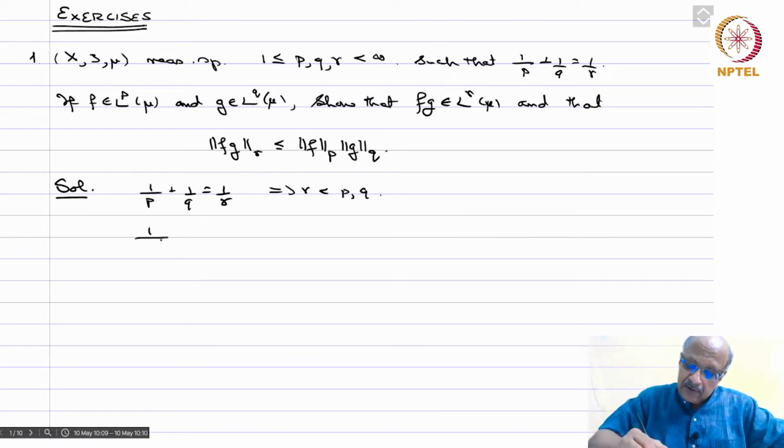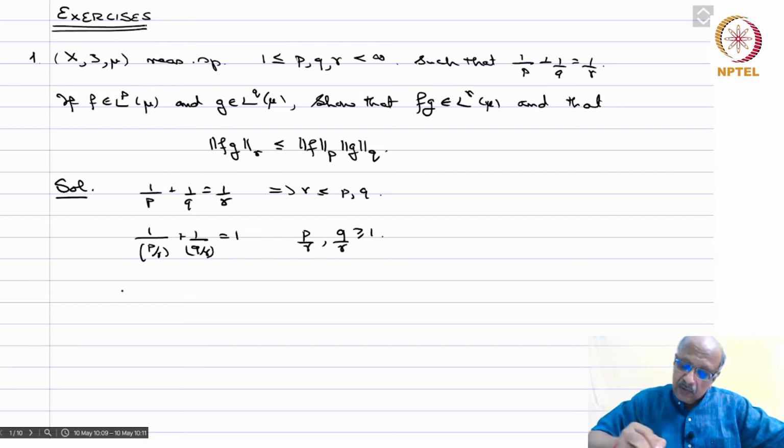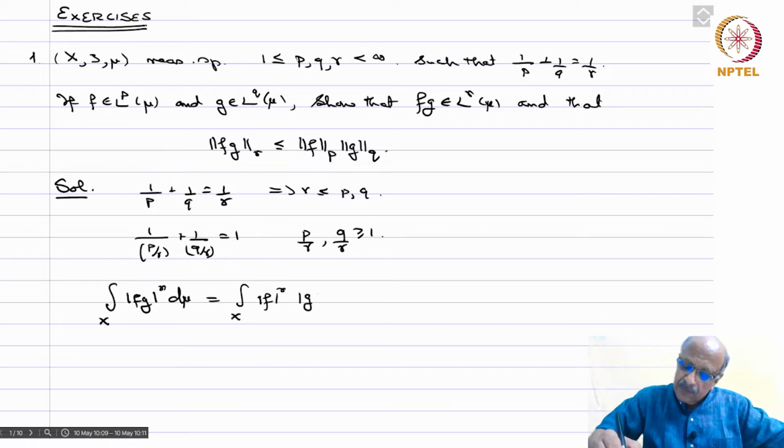And then you can write this as 1 by (p by r) plus 1 by (q by r) equal to 1. And so p by r, q by r will be greater or equal to 1. Okay, so then we can apply Hölder inequality: integral over x of |fg|^r d mu equals integral over x of |f|^r |g|^r d mu, and I'm going to apply Hölder inequality with p by r and q by r.